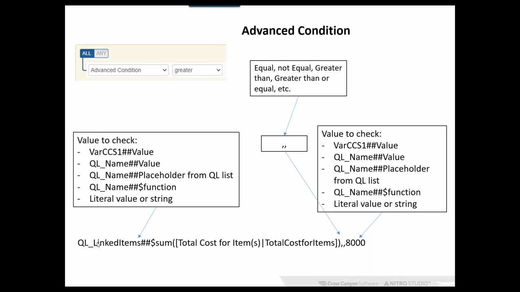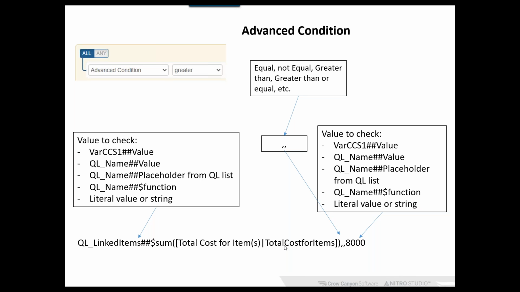There's some query list action we've predefined in this example. We're going to look at linked items, because what we're querying is a group of related tasks or related items to a parent item. So we're querying that list of items. We're doing a sum on some value.